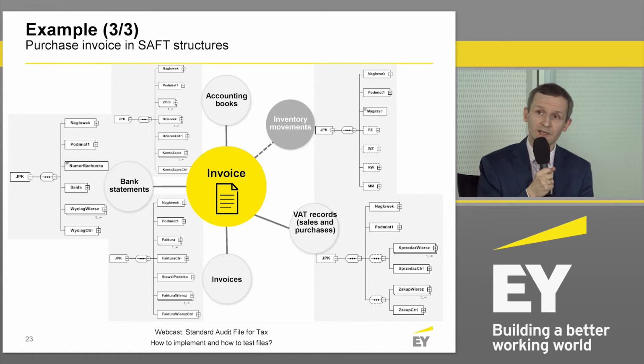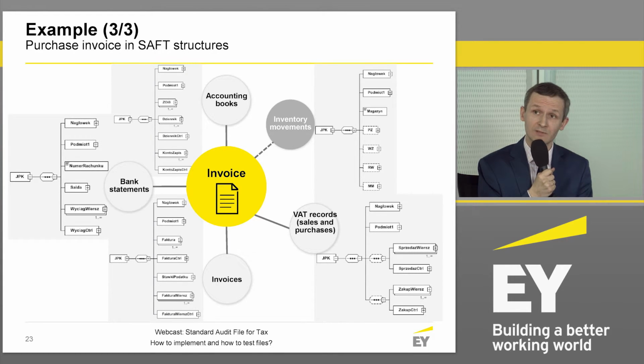What is especially important, and I will refer to what Frank has said before, is that if we use different ERP systems, for example, a different system for sales and a different system for general ledger, this becomes even more important, because there can be discrepancies between different systems, and we can present different data about, for example, the same invoice in different files, because we use different sources for producing our SAF-T file.